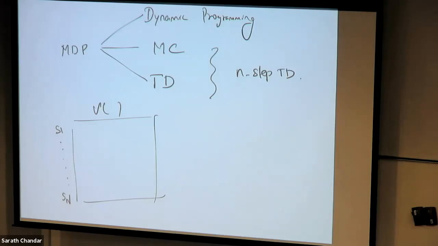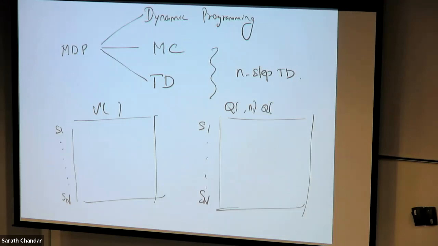Similarly, if you want to do control, then you want action values. Now, for every state, for every possible action, you have this table, state 1 to state n: Q value of action 1, Q value of action 2, and so on.